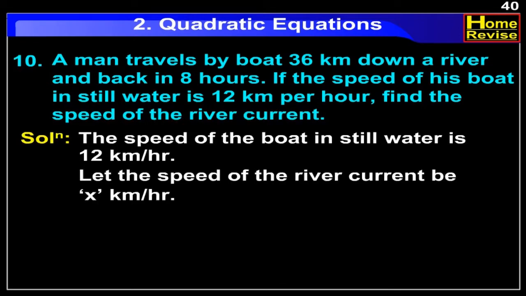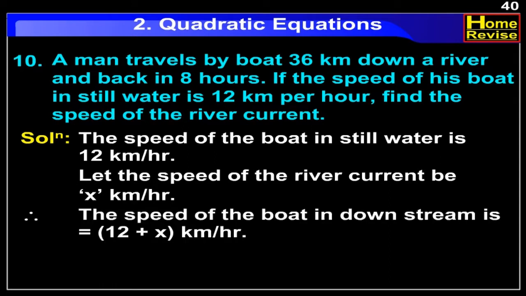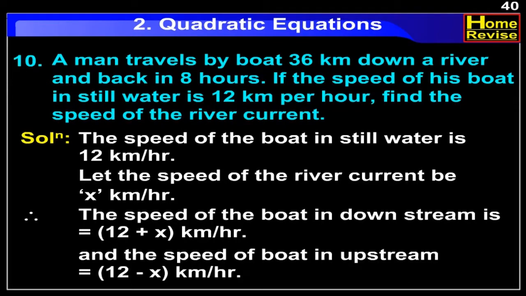Let the speed of the river current be x km per hour. Therefore, the speed of the boat in downstream is equal to 12 plus x km per hour. And the speed of the boat in upstream is equal to 12 minus x km per hour.